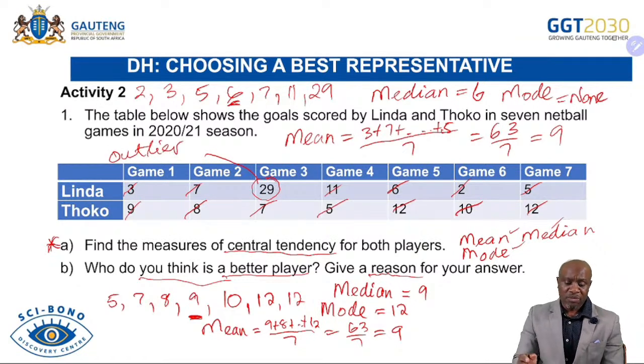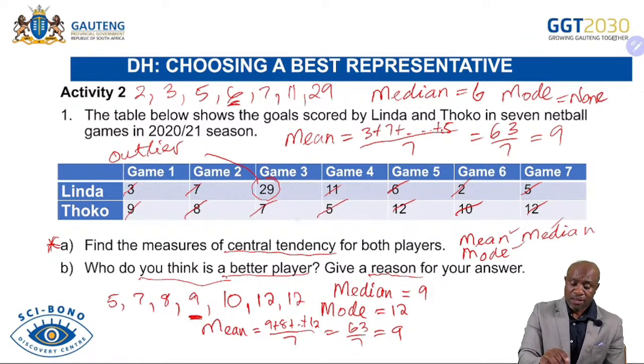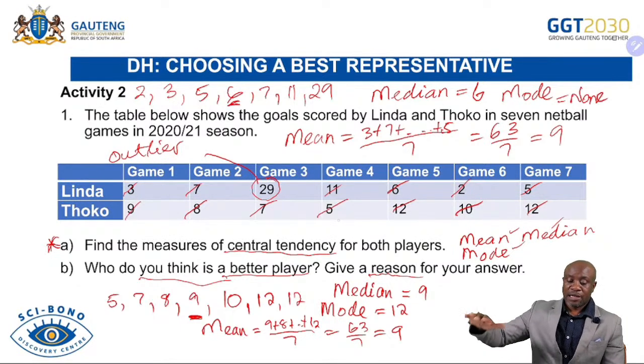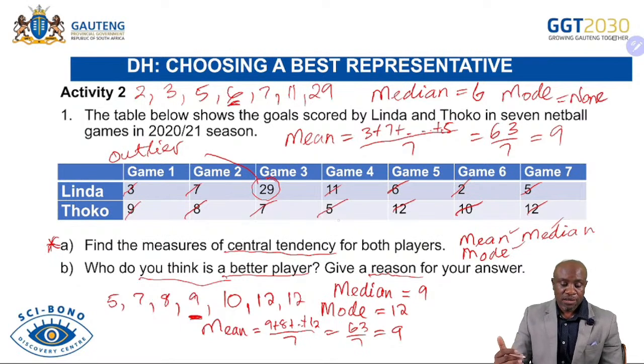It is extremely high. And if you look at the scores for Togo, it's 9, 8, 7, 5, 12, 10, 12. There is consistency there. The values are more or less the same. But if you look at Linda's values, there is just one value out of the blue that becomes very huge compared to the rest of those scores.